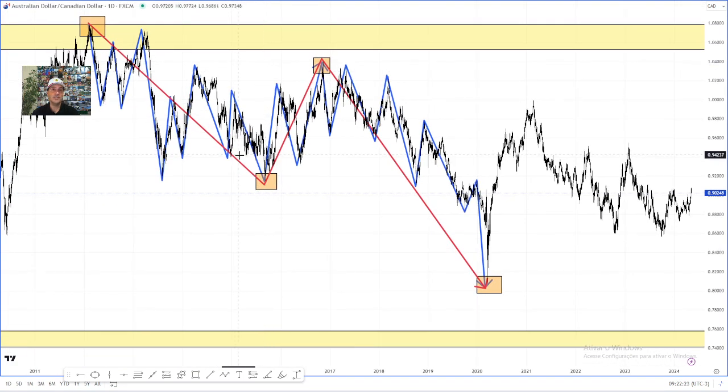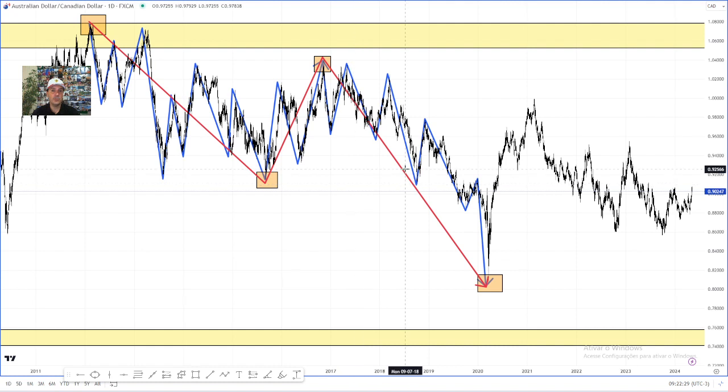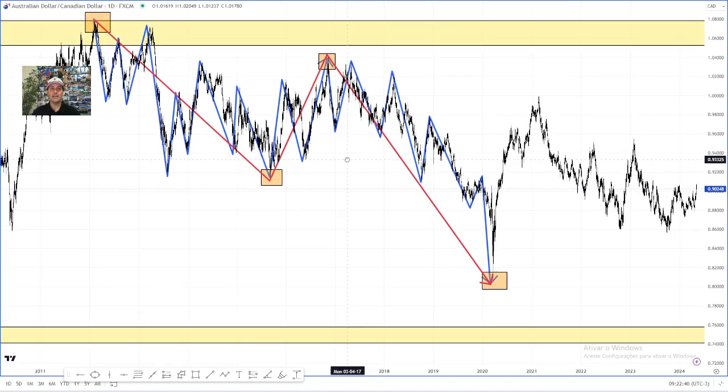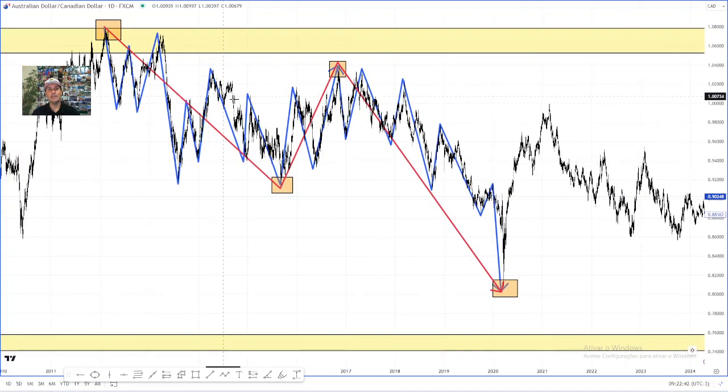Every specific time frame has its own trends. So be aware that every currency pair and every time frame, when you change from the 2-hour chart to the 4-hour chart, the trend is not going to be the same. Sometimes the monthly and the weekly, the big time frames, they overlap.